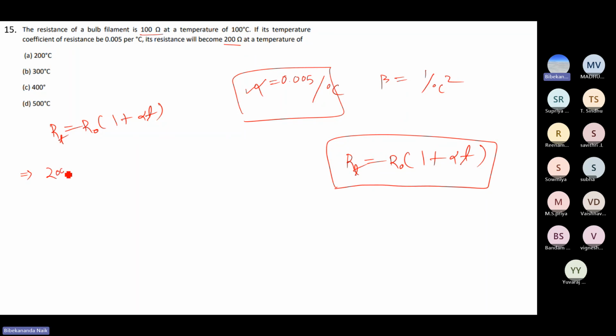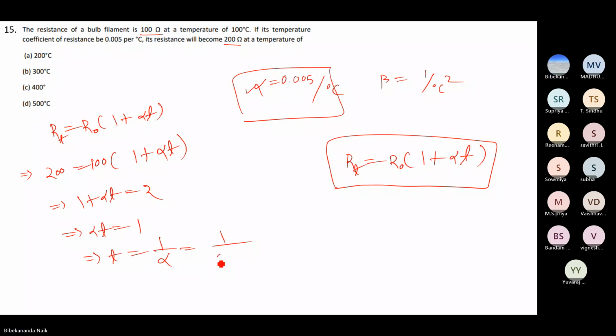So 200 equals 100 into 1 plus alpha t, and T we need to calculate. So 1 plus alpha t equals 2. So alpha t equals 1, or t equals 1 by alpha, or 1 by 0.005. That is 1000 by 5, that is 200.